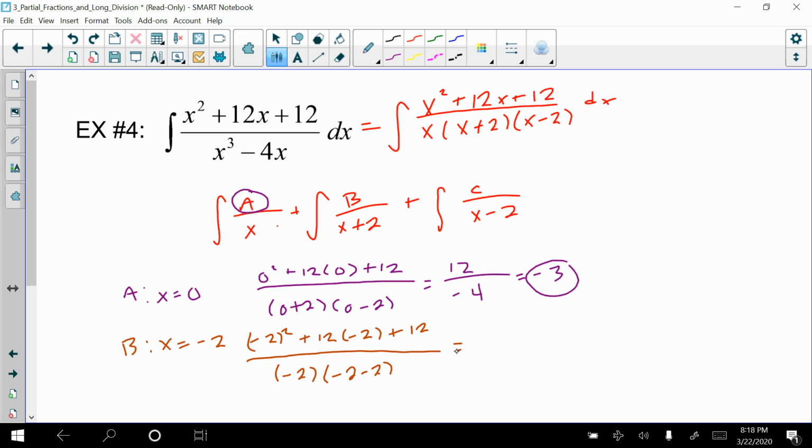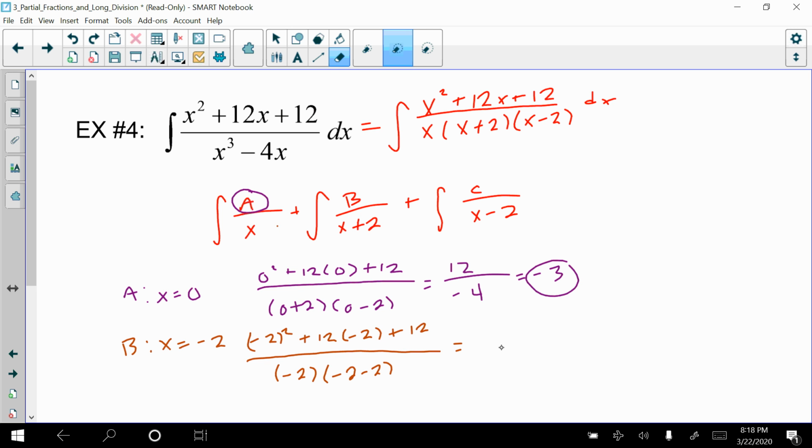So simplifying the overall numerator here, we're going to get a negative 8 over, I think the negative is going to be in the denominator, however. Let me go ahead and just double check my arithmetic here.